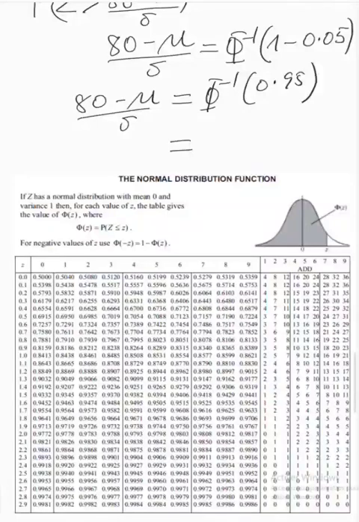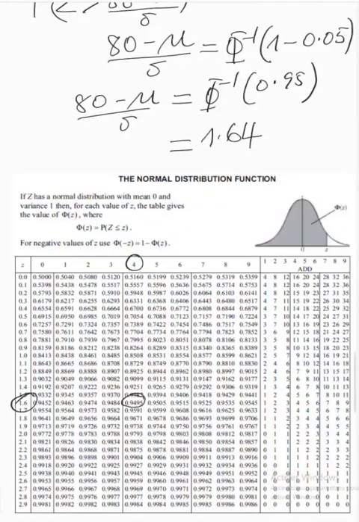0.9505. So that value and the one to the left is already below 0.95. So I'm going to take this value first, which is very close to 0.95 and less than it. So we have on the extreme left 1.6, and at the top of that score we have 4, so 1.64.